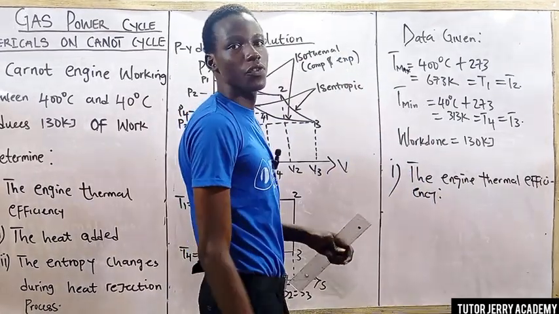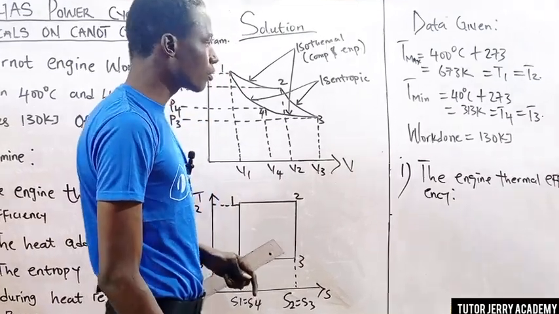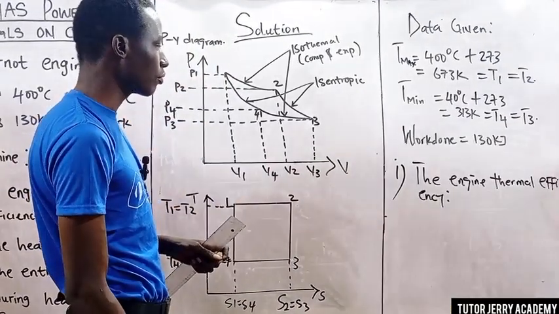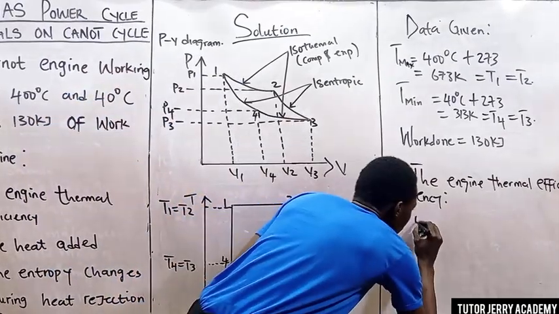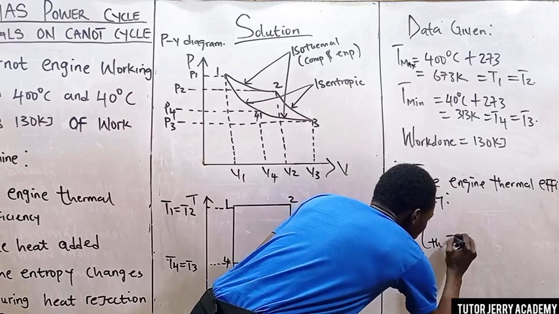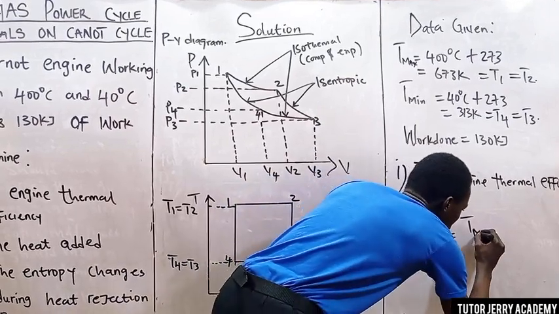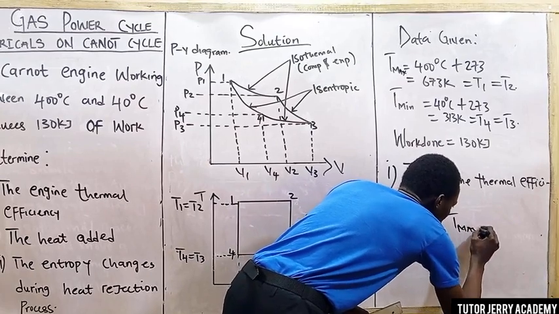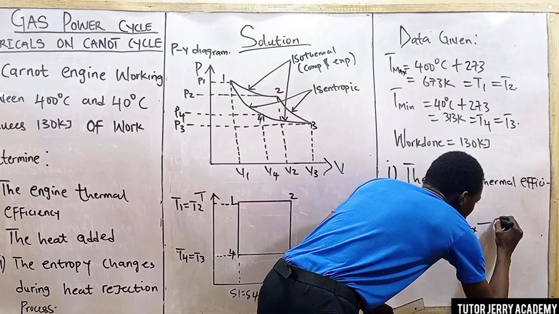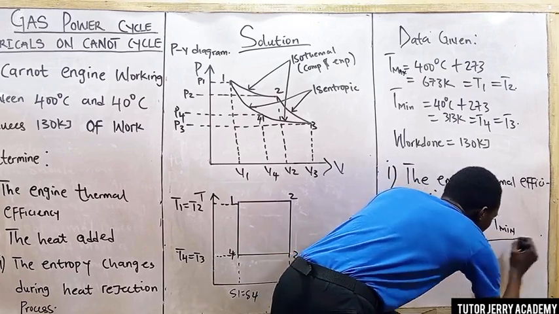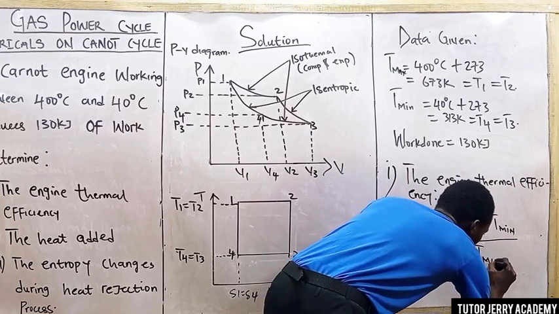Now, from our previous video, we have shown the efficiency of a Carnot cycle. The efficiency of a Carnot cycle is nothing but the maximum temperature minus the minimum temperature, all over the maximum temperature.